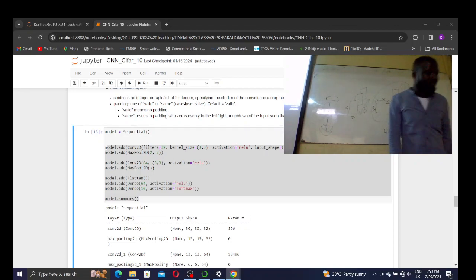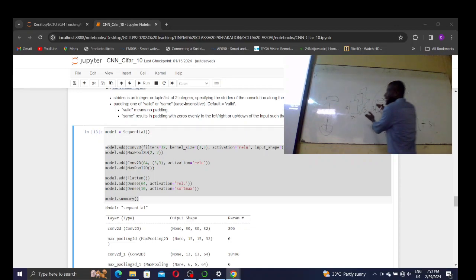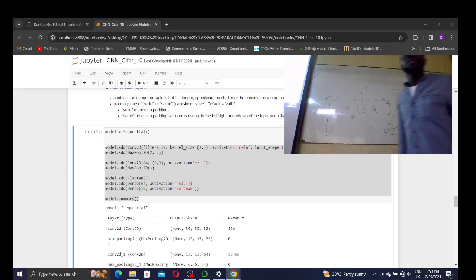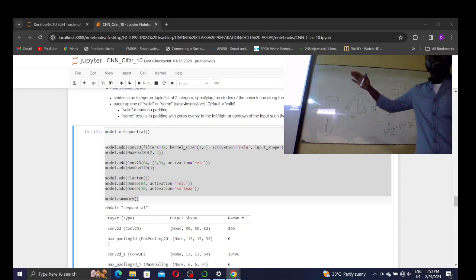No, this one you multiply by three channels. Here the channel has changed to 64. It's no longer 3 by 3, so it's a 13 by 13 by 64 image.